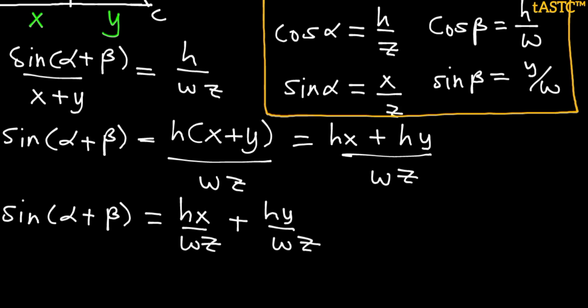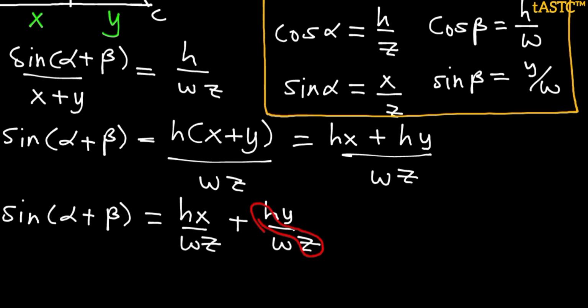Notice that here we actually have something like H divided by Z. That is something reasonable, isn't it? Now we also have an H divided by W, right?